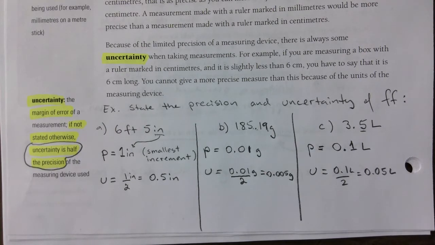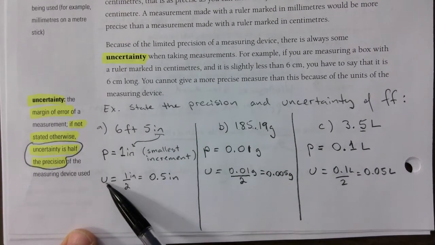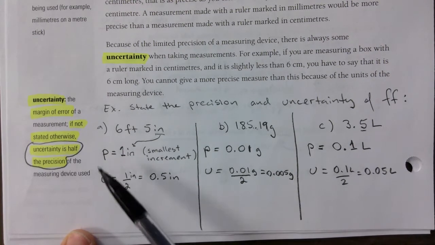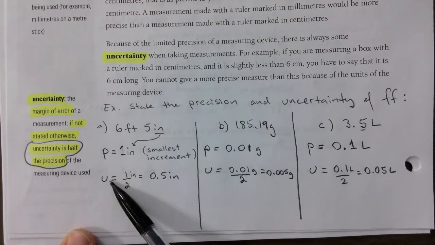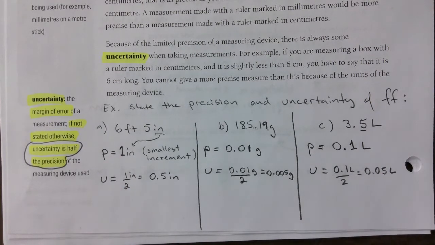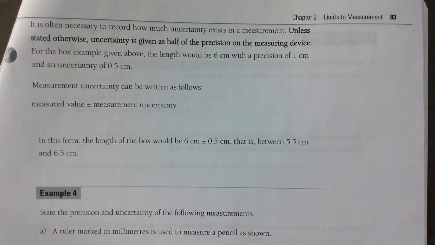Remember this, you need your precision to get your uncertainty. I'll say it again, you need to figure out your precision before you get your uncertainty. Otherwise you can't. So you've got to start with precision, then get your uncertainty. Let's keep going. Page 83.